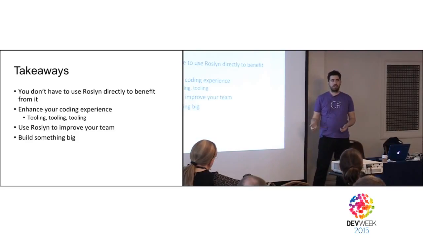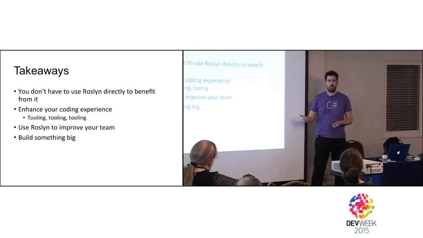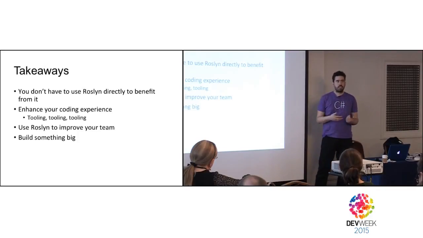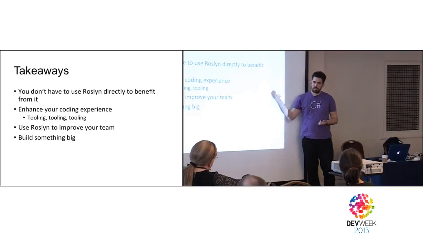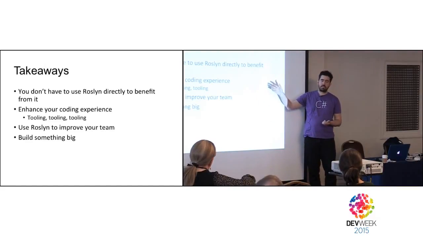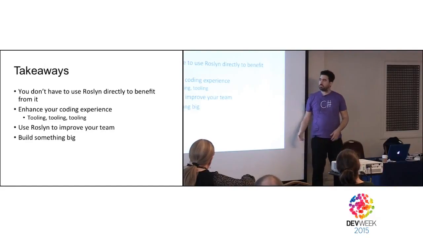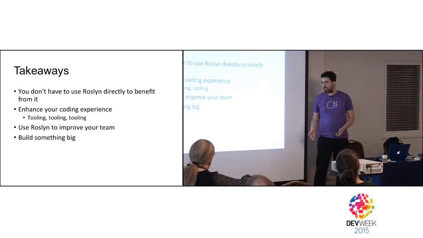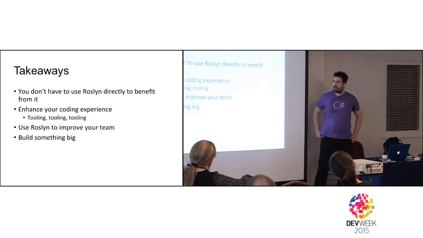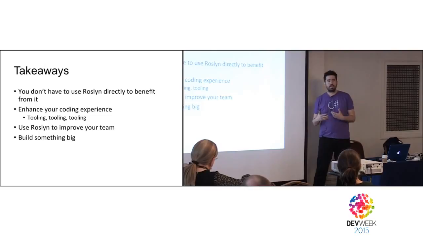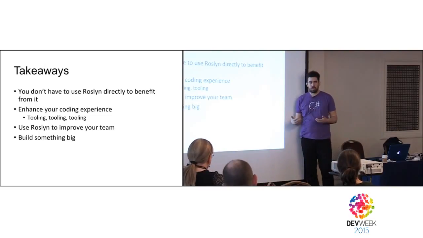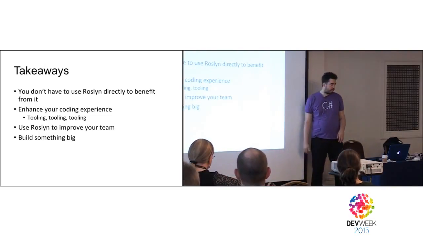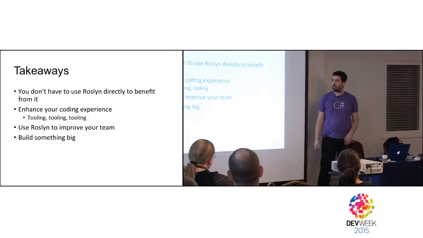But if you want to go further, if you want to create diagnostics for a tool, or create some custom tools for your team or company, you can do that. And I'll show you some samples of what can be done. And frankly, I think the good ideas for Roslyn are yet to come, because the API is still raw. We still don't have an idea what to use Roslyn for. But that might change in the future because people will start using it more and more, and some better tools will come along.